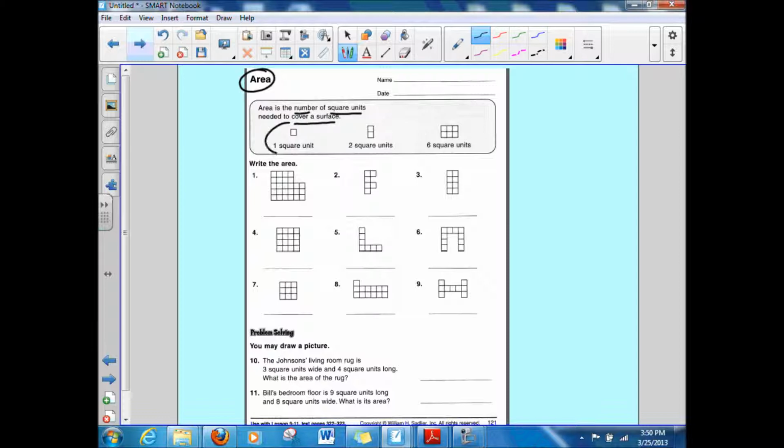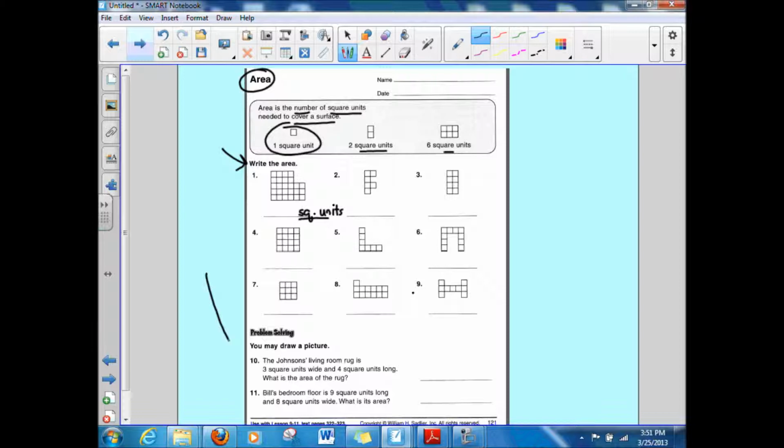They give us an example of 1 square unit, and if we have 2 of them, of course, there's 2 square units, or 6 square units. Write the area. Remember that your title or your label for these will be square units. And if you write nice and small, you'll be able to fit it in there, square units. So write the number of square units for each, and remember to put your label on all those 1 through 9.